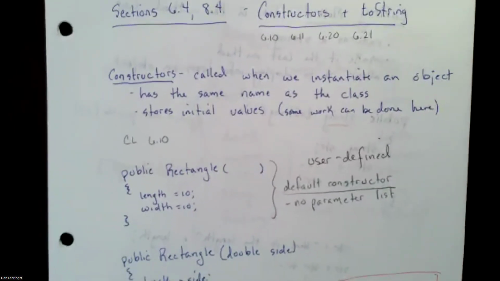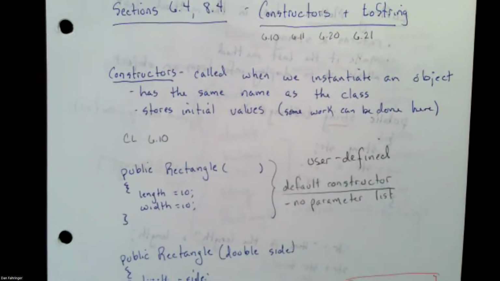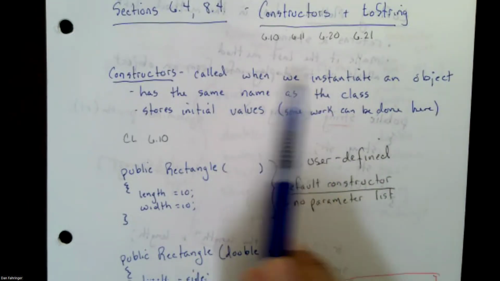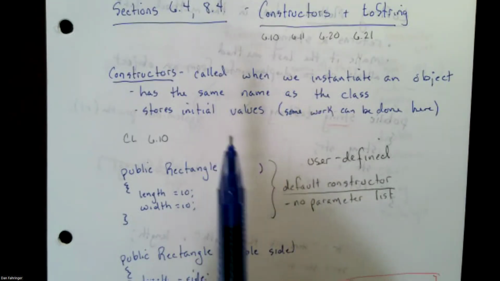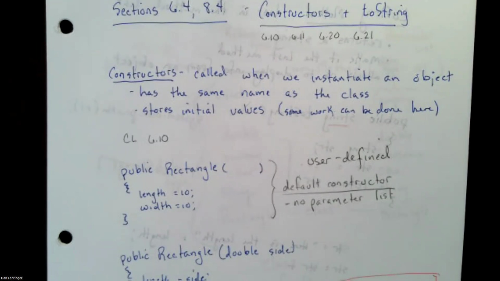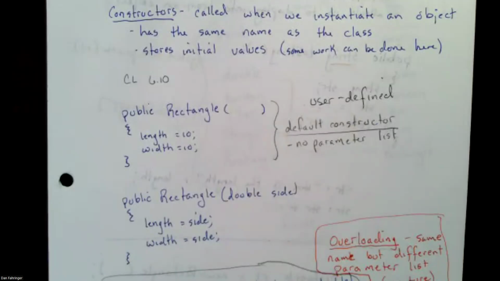The first thing we're going to add is this thing called a constructor. And this goes back to when I instantiated an object, when I created it, when I said Rectangle r1 equals new Rectangle. I'm able to actually assign a value to start. How I do it are these things called constructors.